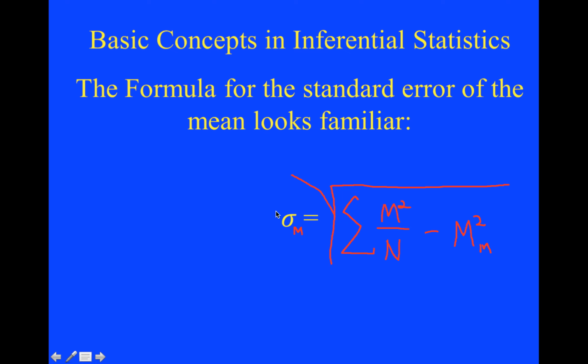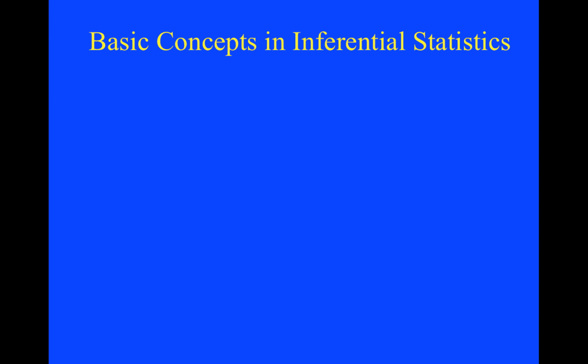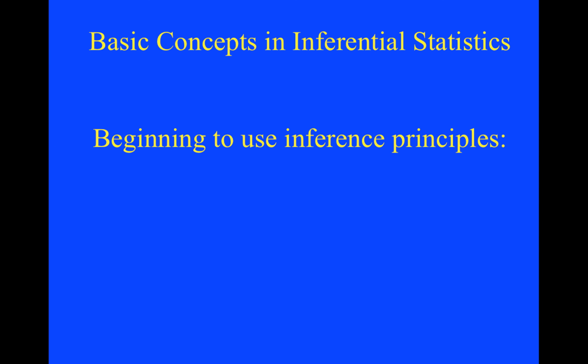This is a parameter, and it's based now on means, not scores. So you can compare these two formulas in the text. It's just an extension of the mean and the standard deviation that we talked about in frequency distributions. Now we're talking about samples of certain sizes. The formula looks similar. And now we are beginning to use inference principles.